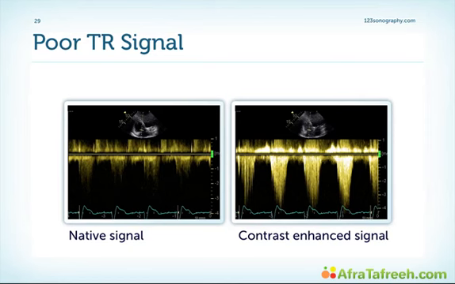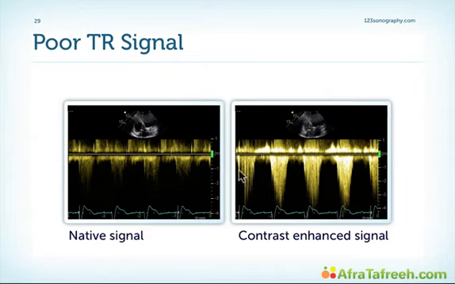So in the previous example, you saw that it can be difficult to measure the TR velocity if we have a very eccentric jet. But sometimes we have a problem because the TR signal is very weak. You get an example here on the left side. No matter how you tilt your probe, you can't acquire a better signal than that. And it's certainly no point trying to measure it here.